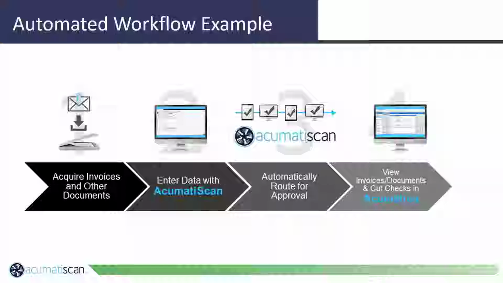Once we've saved the invoice in Acumatica, the invoice gets attached to the record, and we pull all of that data from what was entered back onto the invoice, and then it goes off for review and approval. How it gets to the approvers is based on the business rules that are set up in Acumatica.